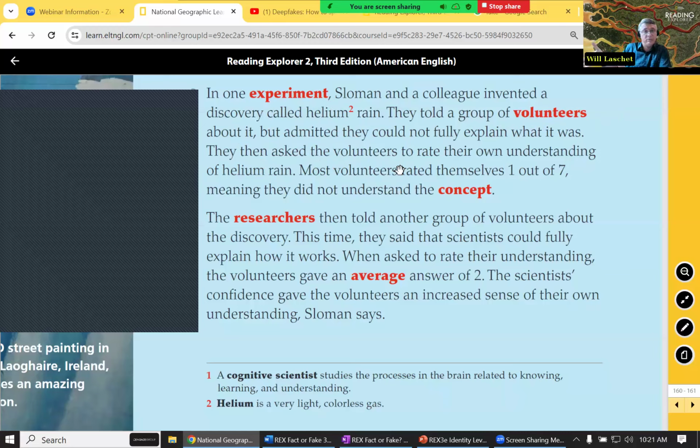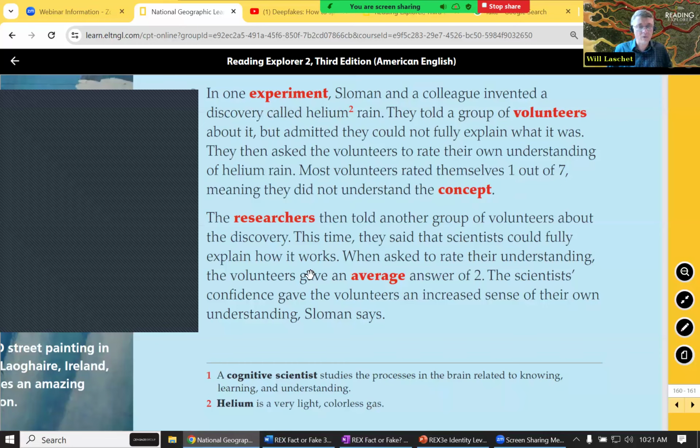We know this is real, but we can't explain it. We don't know why it happens, but it's real, but we cannot explain it. We don't understand it. Then they asked the volunteers, do you understand it? So tell us. 1 is I completely don't understand, and 7 is I understand 100%. Do you understand the concept or idea of this helium rain? And almost everyone said 1. I don't understand this at all.